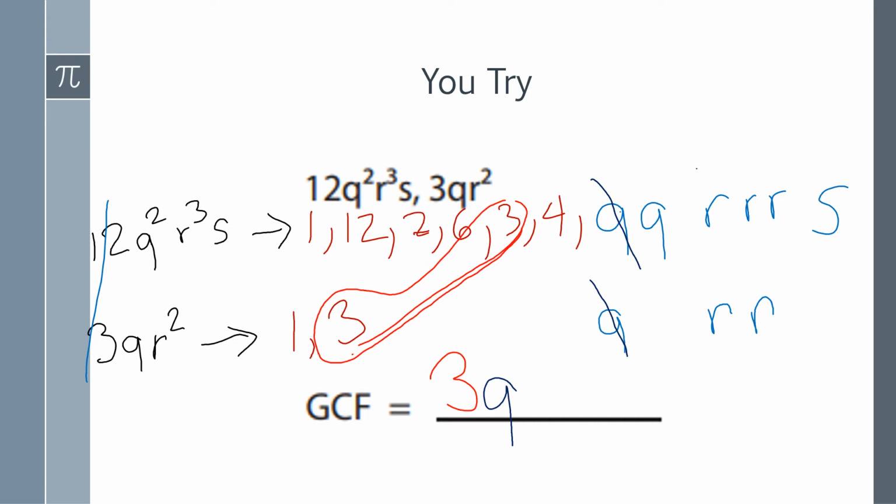They both have 2 in common. 2 R's right here and 2 R's right there. So R times R is R to the power of 2. Do they have any S's in common? 12 does, but 3 does not have an S. So that's how you do that. Alright, let's move on.